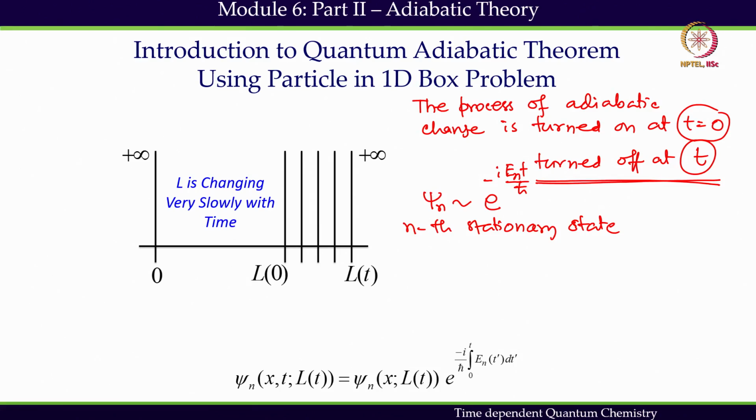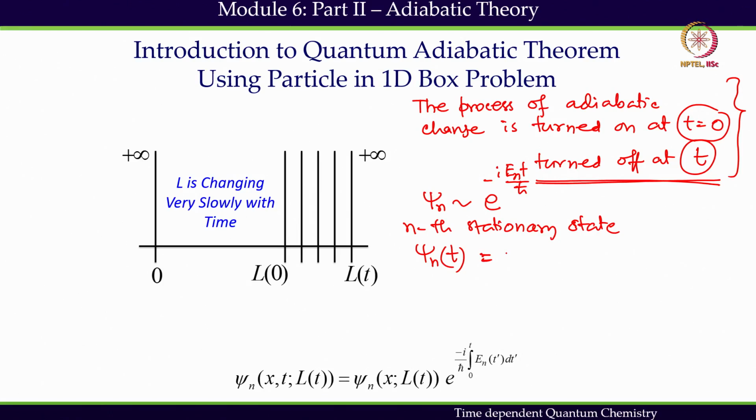This nth stationary state wave function psi n, due to this adiabatic expansion which is occurring from 0 to t, immediately after the adiabatic process is turned off, I will call this time t.